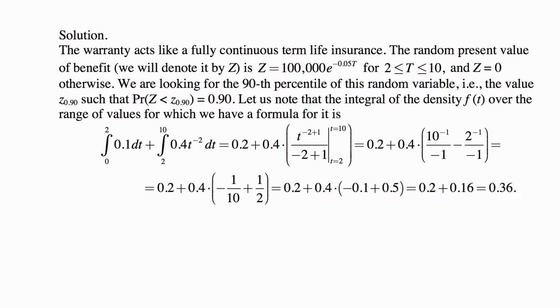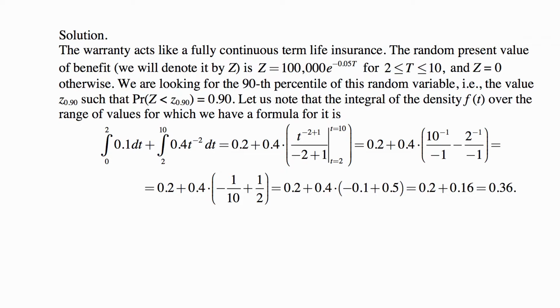The whole thing is 0.36, so there has to be some other range where this density is positive, and of course only positive values are possible for t, so it's going to be beyond 10. But the warranty doesn't pay anything after 10, so it's irrelevant in terms of what kind of distribution we have there.